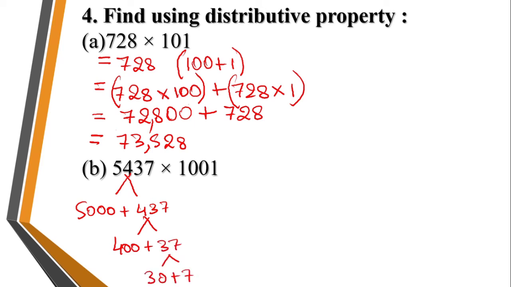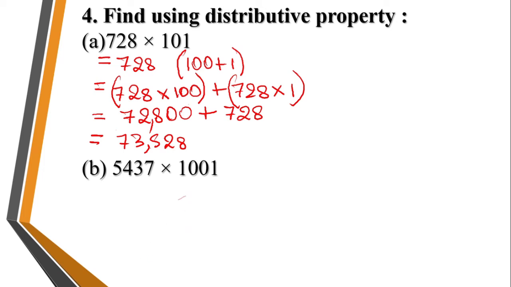So it's a bit difficult to multiply it with all the numbers, right? But if we split 1,001, it will be 1,000 plus 1. That's it. Multiplying it with 1,000 is easy because we have many zeros, and multiplying it with 1 is also easy. Now let's split 1,001.